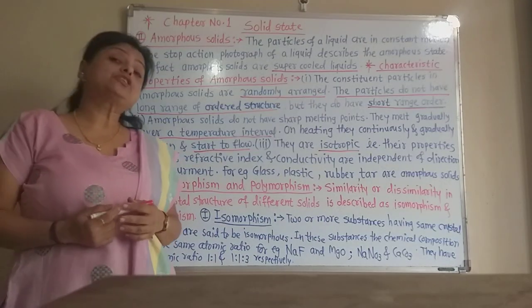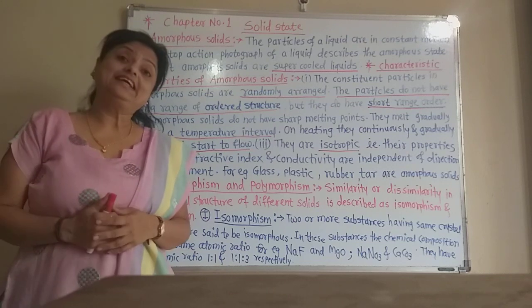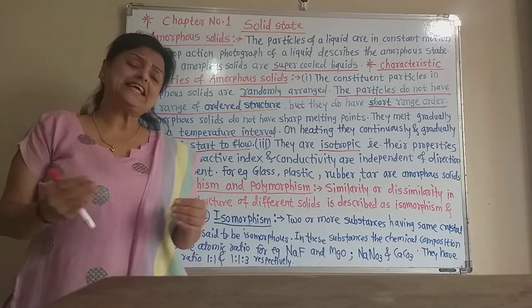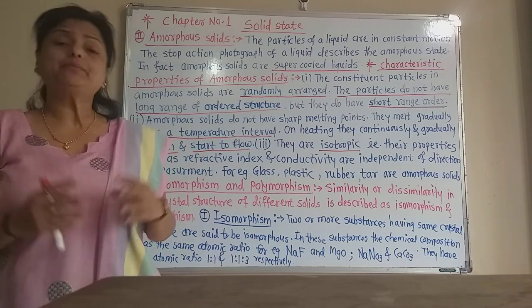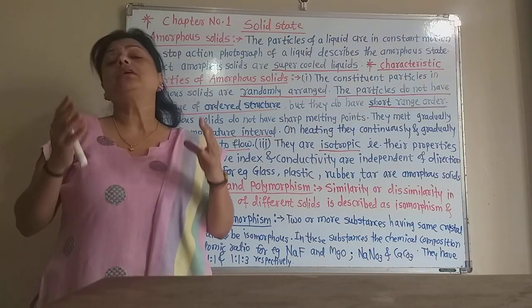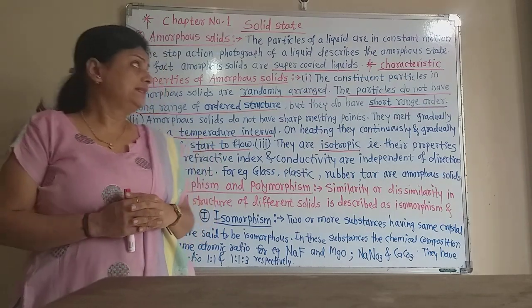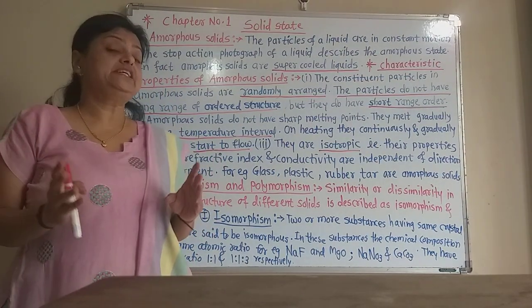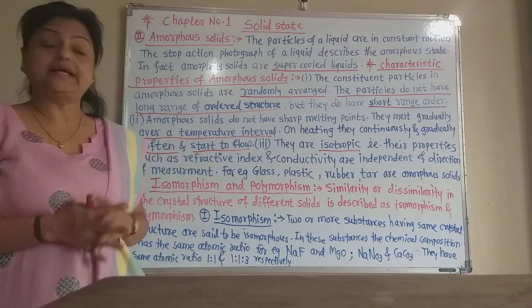Now these amorphous solids are basically supercooled liquids. They are the same as liquid, but in a stable motion. That means the particles of a liquid are always in constant motion. We know that.